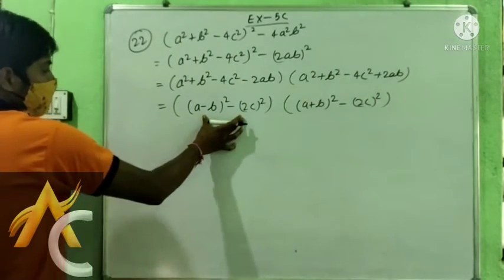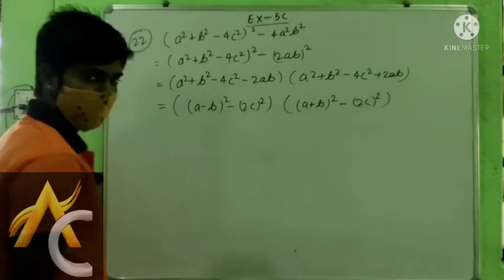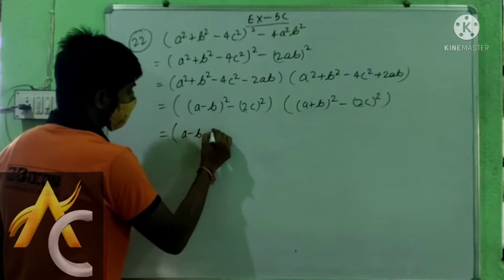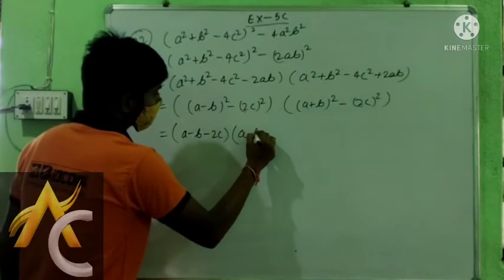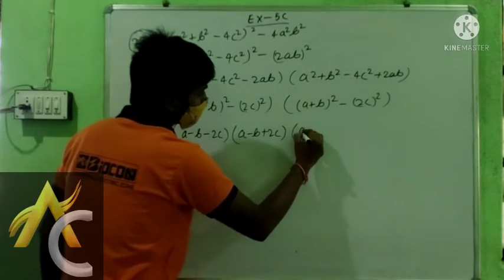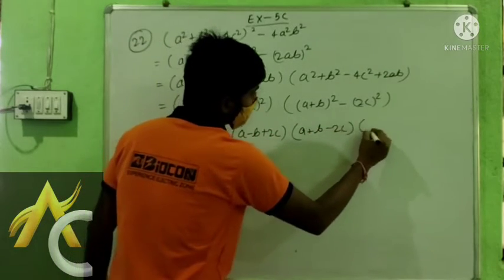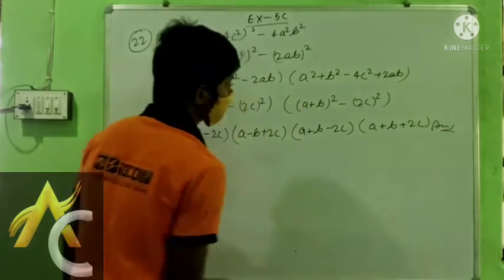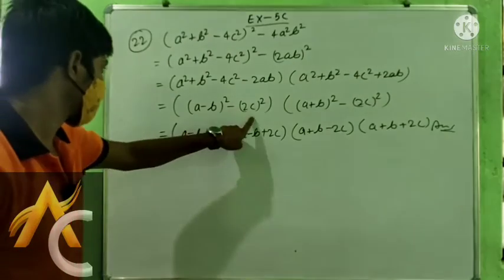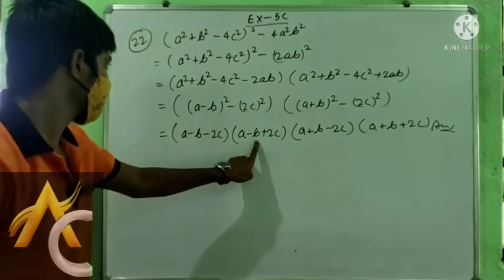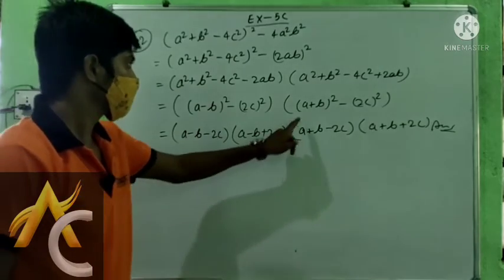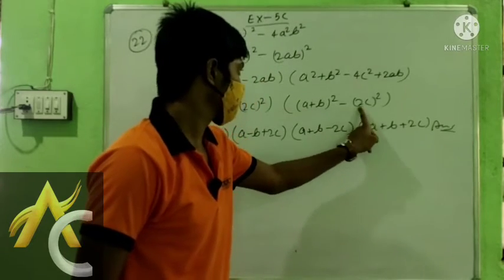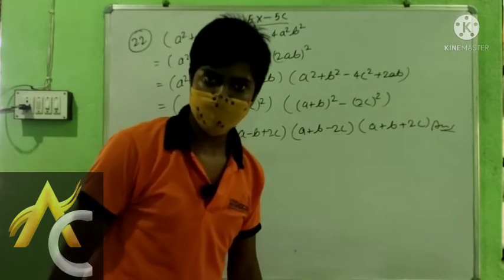Now these are again in the form of a square minus b square, so it will be a minus b minus 2c into a minus b plus 2c into a plus b minus 2c into a plus b plus 2c. This will be your answer. Okay, got it? All right.